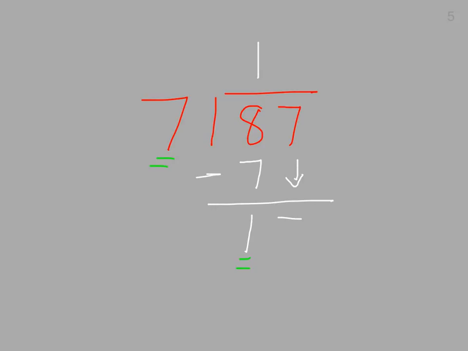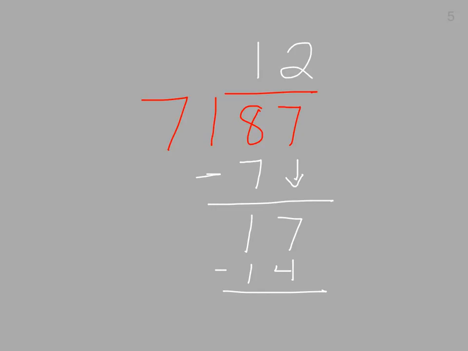which makes that 17. Now I can ask, how many times does 7 go into 17? Well, 7 goes into 17 2 times. 7 times 2 is 14. 17 minus 14 is, everybody?